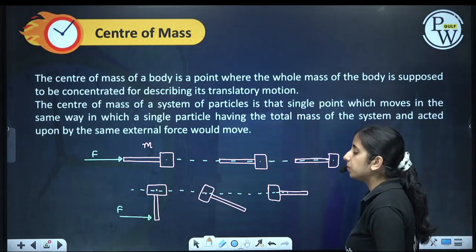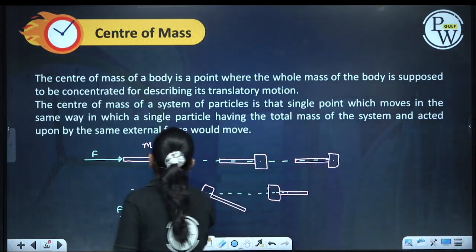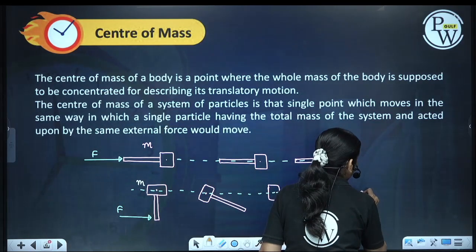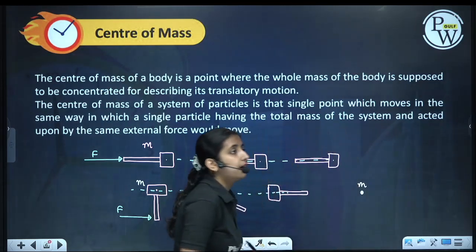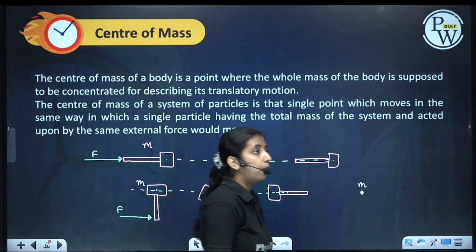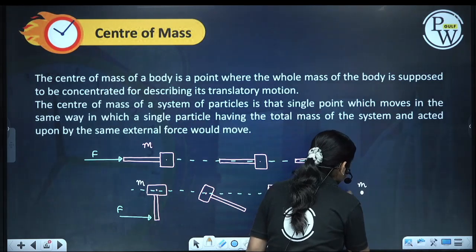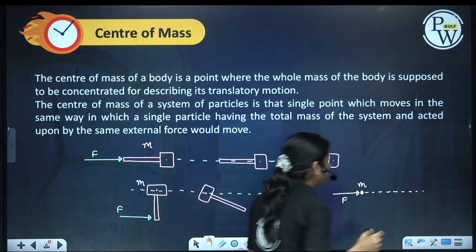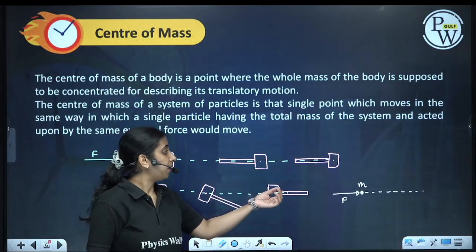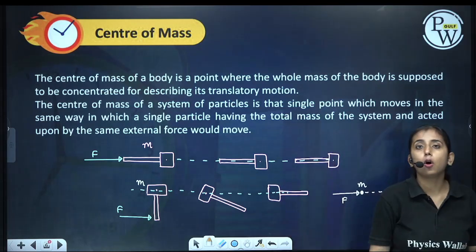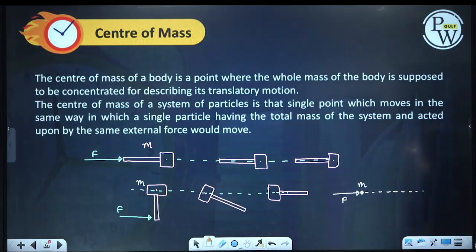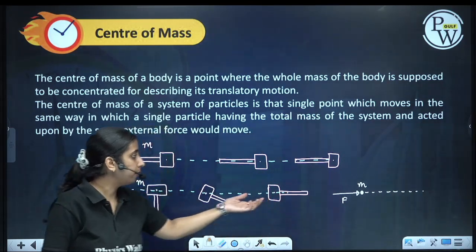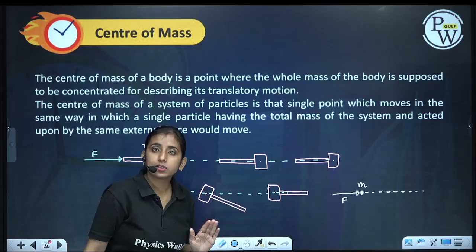Now if M is the mass of the hammer and I take a point particle of mass M and apply the same force F on this particle, how will the particle move? It will move in a straight line.